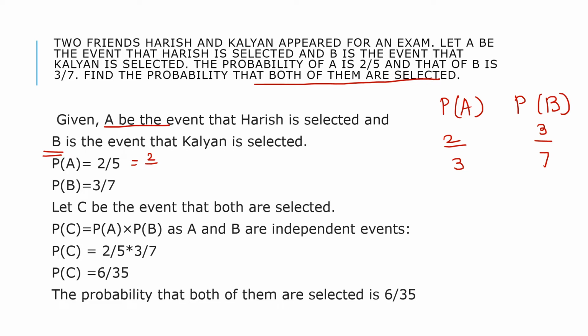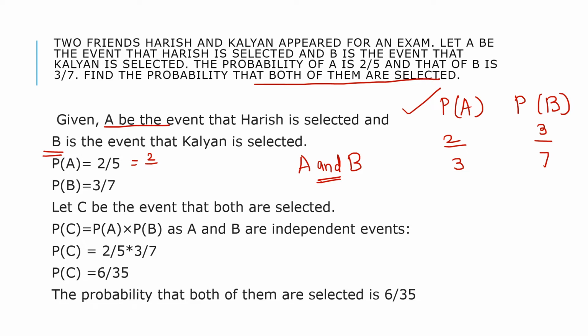When we talk about two events and we want both of the events, and we have the word 'and' between them, we have to use the multiplication theorem, which means we multiply their probabilities. We already have the probabilities given to us.